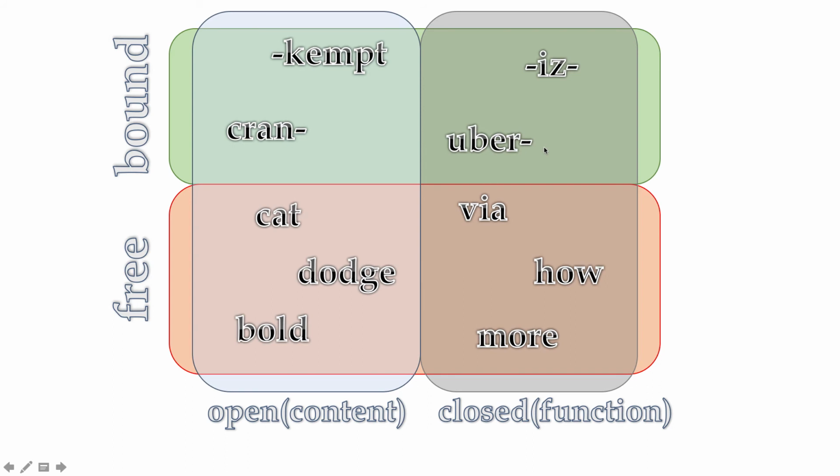Bound and closed. English doesn't really like these, but there's lots of other languages that use them all of the time. Like uber simple, meaning very simple. I can't actually use uber in this meaning where it would attach to something on its own. If I use it on its own, then I'm using a different uber, which happens to have the same pronunciation, which would be a free open morpheme, meaning a car that's being run by the app Uber.